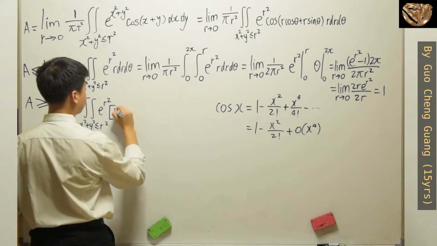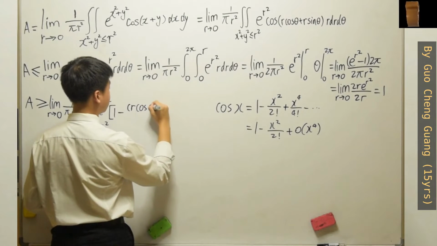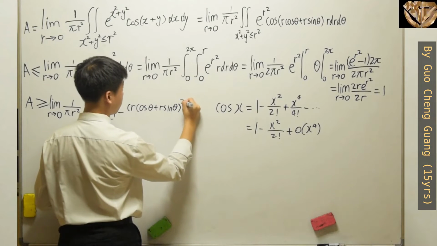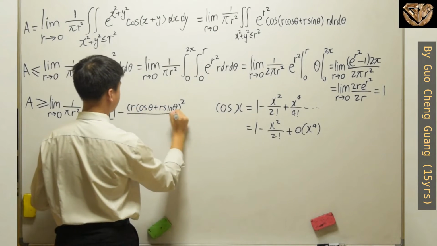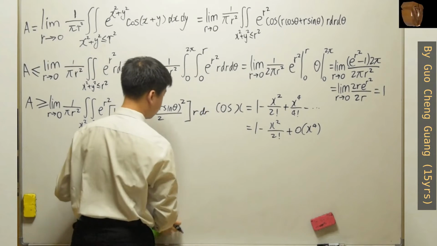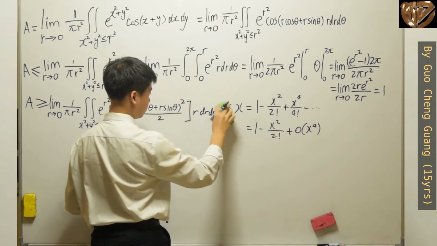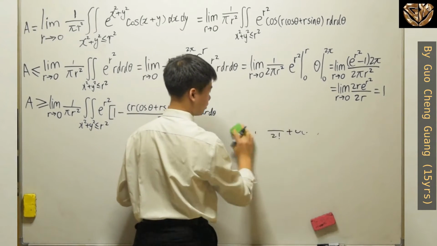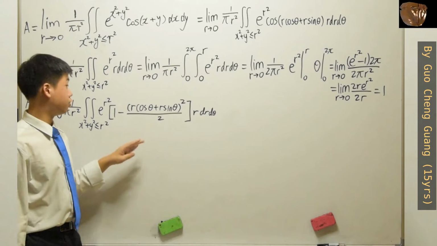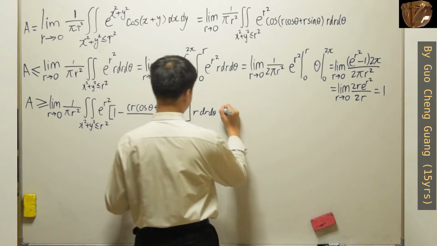So you're going to see 1 minus r cosine theta plus r sine theta squared over 2, and then r dr d theta. Alright, so I'm just going to remove this part. Okay, so this is what we are going to have to solve. Now, we will determine the boundaries for them.